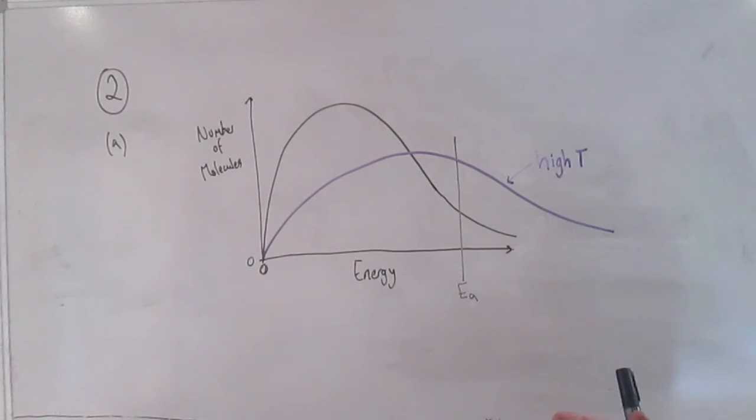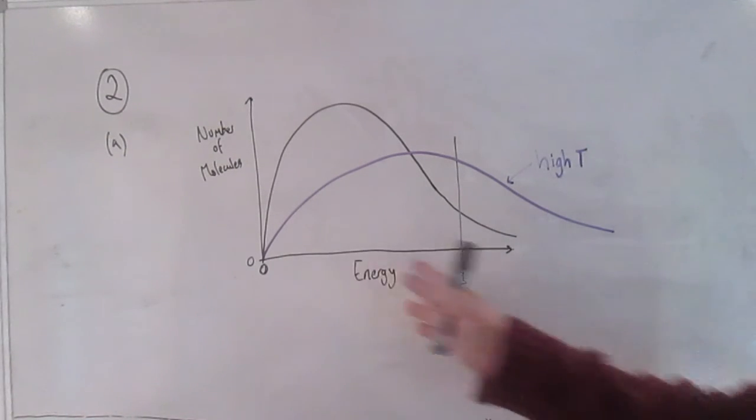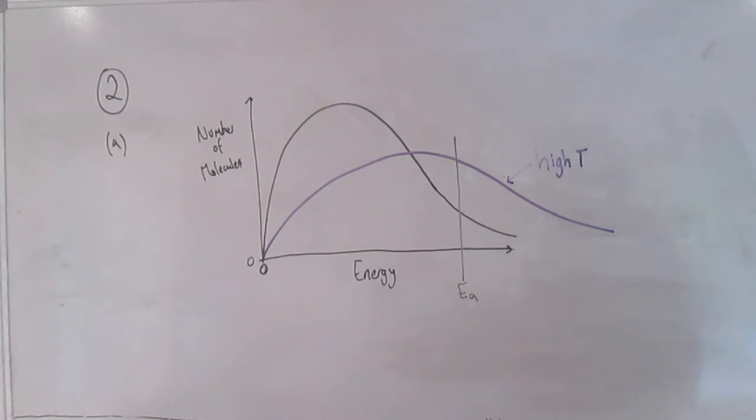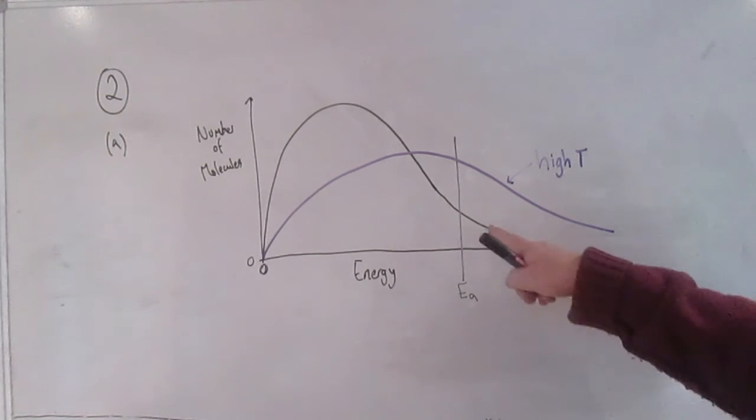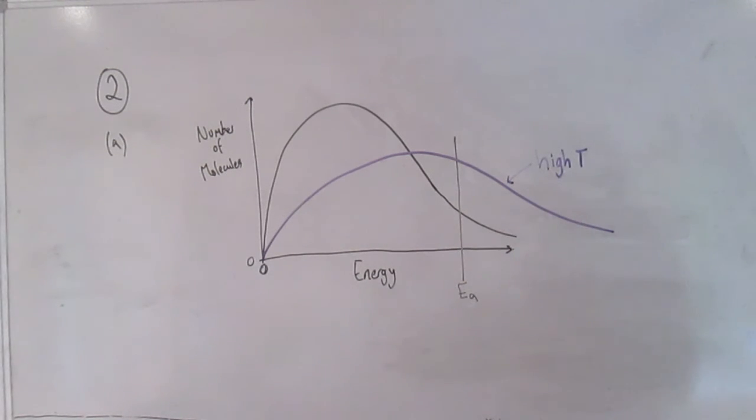Otherwise the reaction can't happen. Okay, there isn't enough energy if they've got less than this for the existing bonds to break, and therefore nothing will happen. And you can quantify what proportion of molecules have an energy great enough for a reaction to happen when they collide, because it will represent the fraction of the area that's to the right of the activation energy.